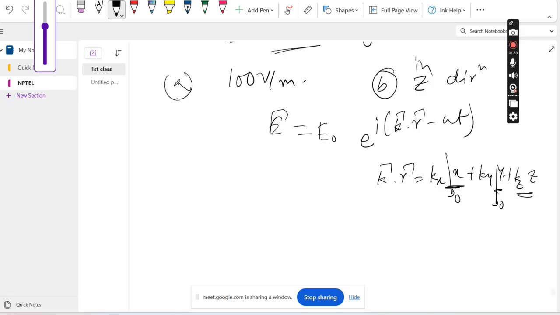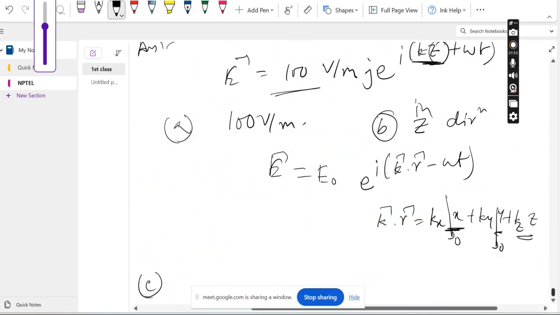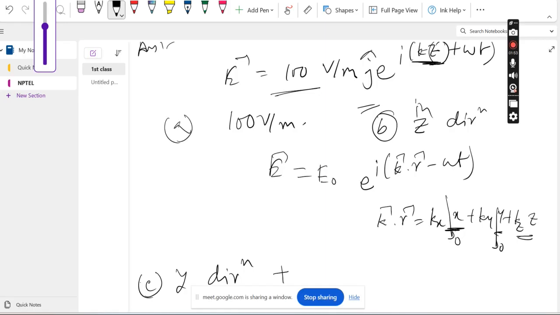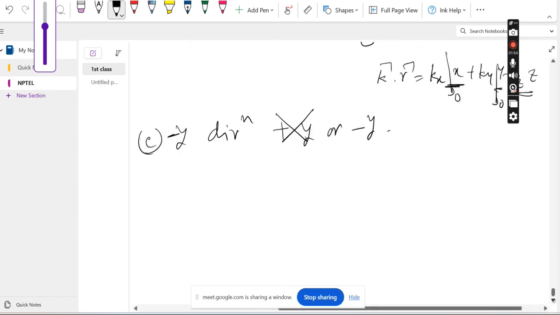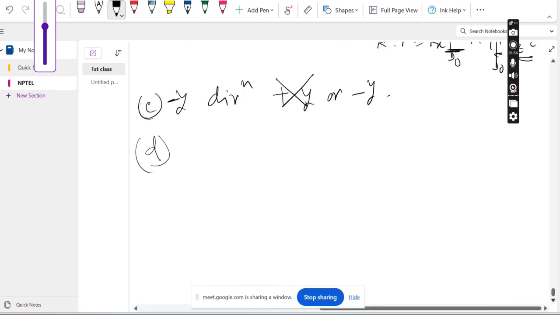But the next question is what is the direction of E? The direction of E is in y direction because this is given. So it can be given in positive y or negative y or both. Here it is given plus, so it is traveling in the negative y direction.